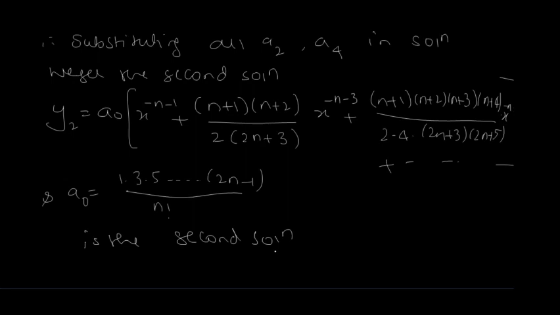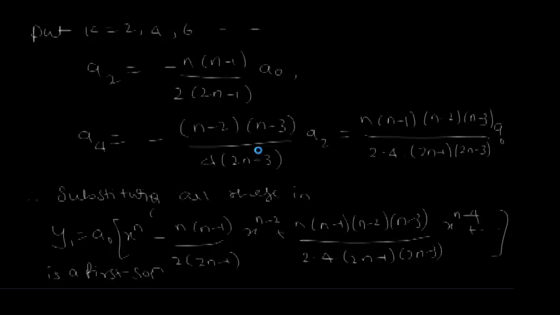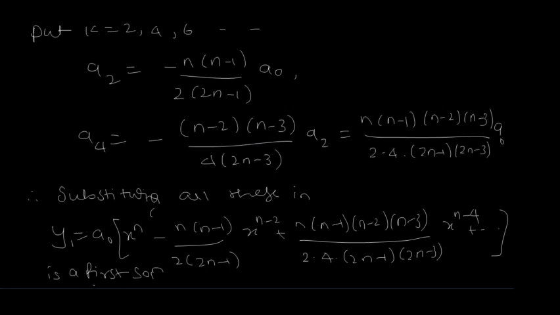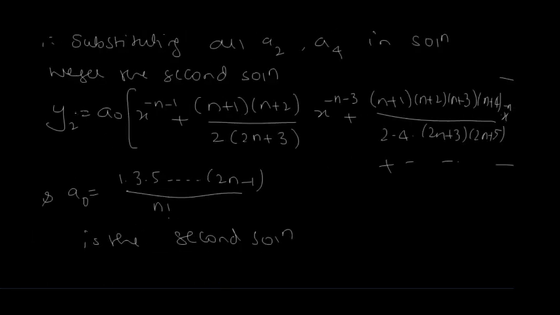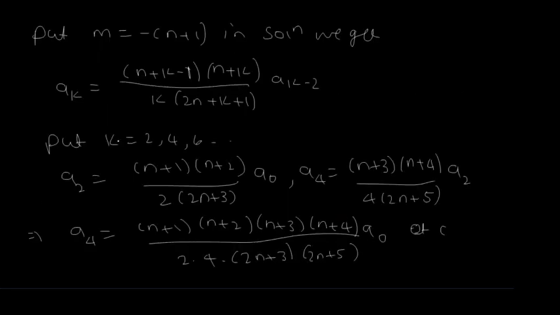The first solution can also be written as P1 of x, and similarly the second solution is written as P2 of x. The first solution is written as Pn of x.